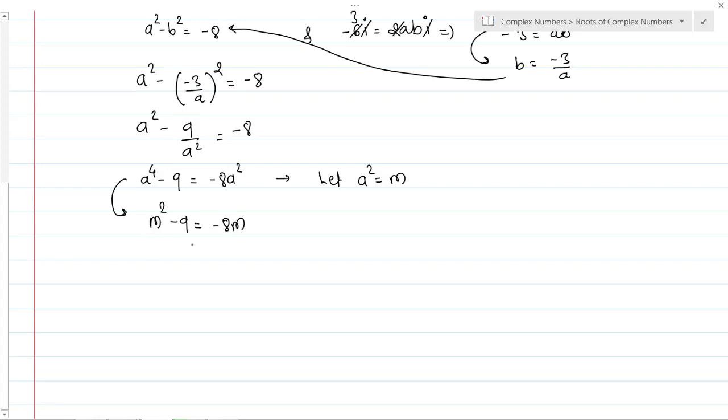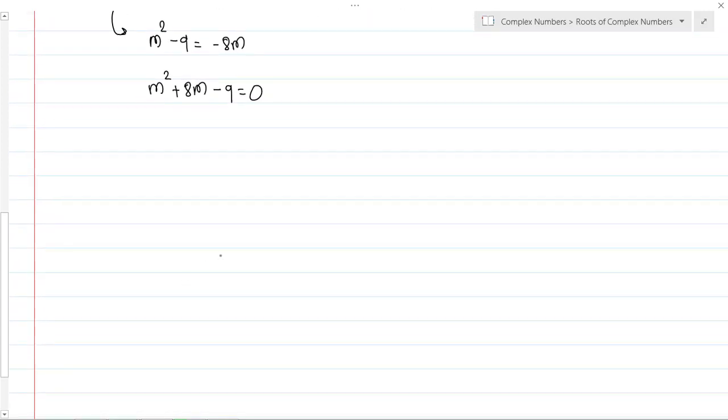If I write it in standard form, I will get m square plus 8m minus 9 equals 0. So what will be the roots of this equation? I want the addition to be 8 and the multiplication to be minus 9. So it is 1 and 9.